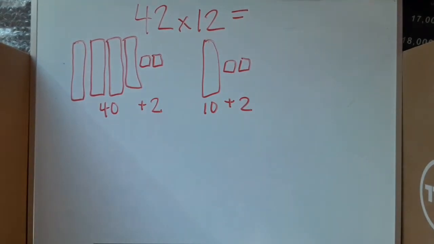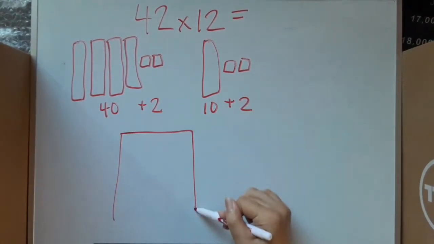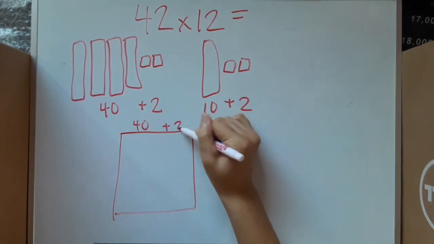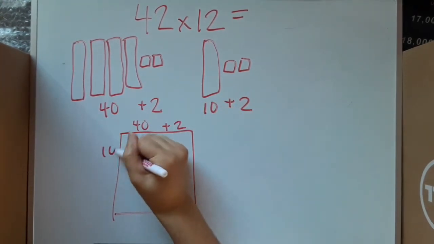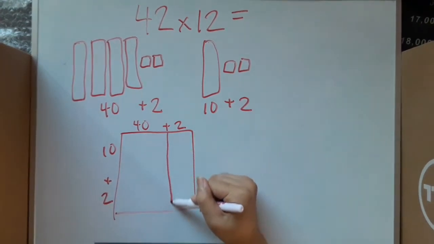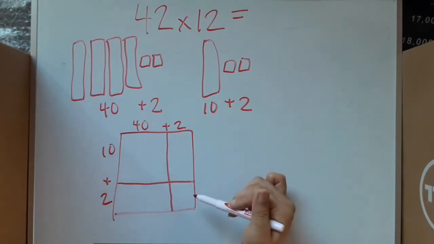If you want to do this visually, we can break this down so that we have 40 plus 2 on one side and 10 plus 2 on the other, so that we have 4 sections.